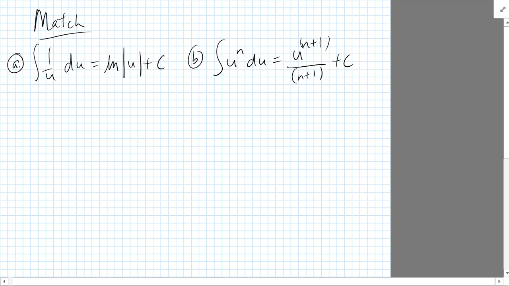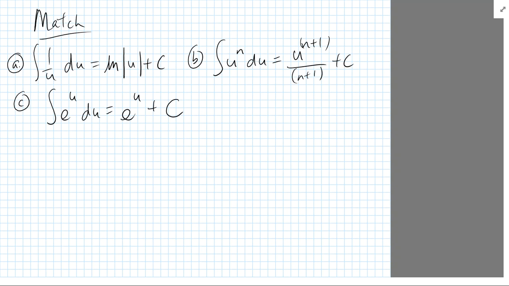And then the last pattern you're going to see on this worksheet, because there are more, it's e to the u du. If you see an exponential function raised to a function like stuff, then every single time it's going to just be e to the u du, because you're going to do the whole derivative thing for u and du, and the derivative of stuff is going to be multiplied times the e to the u.